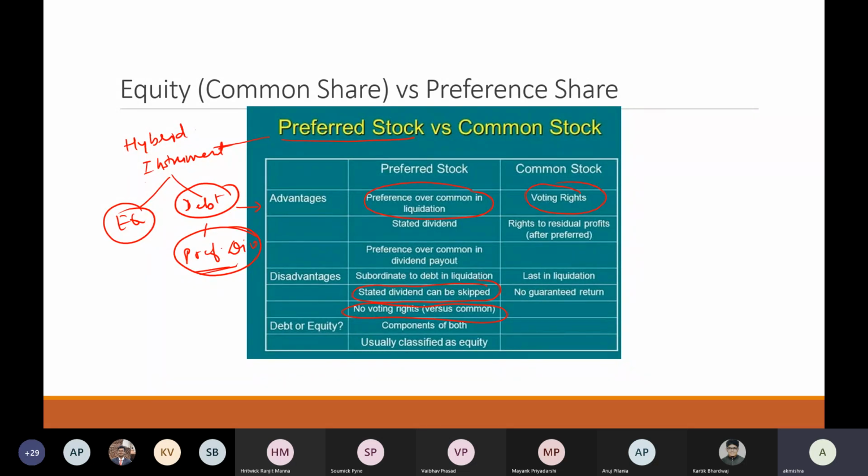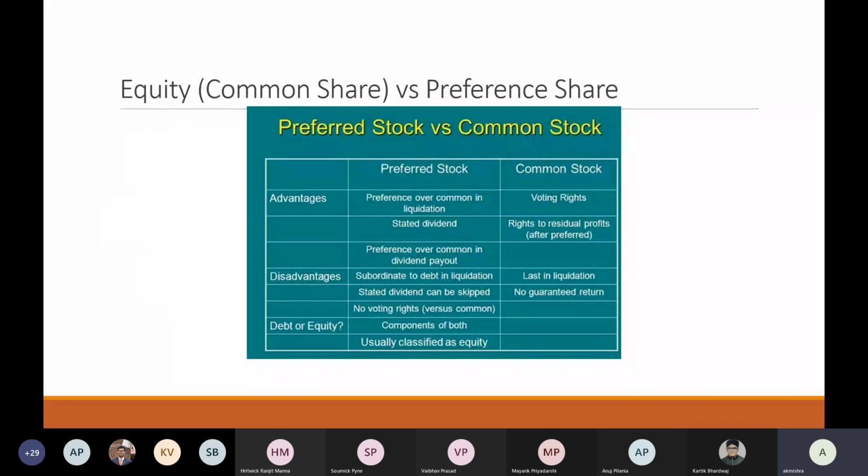And that is a characteristic which is similar to equity. Why? Because there is no forced obligation on the company to make payment to the preference stockholder, but the company will have to pay when its situation is better.